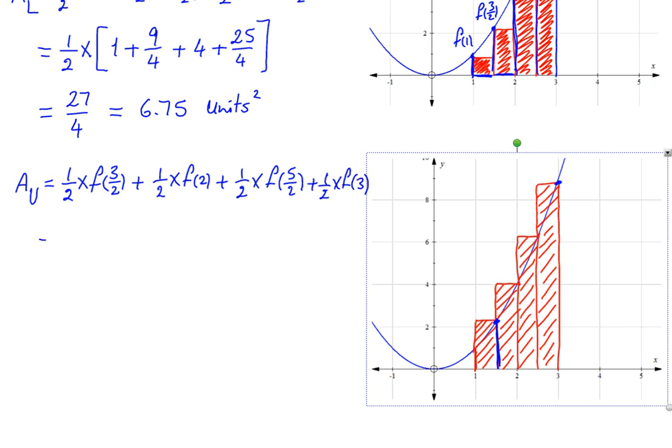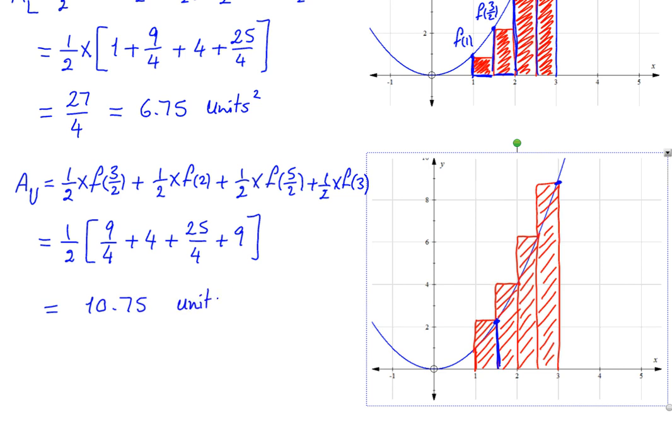And again, the half is a common factor. So that's 9 over 4 plus 4 plus 25 over 4 plus 9, which is in the end 10.75 units squared.